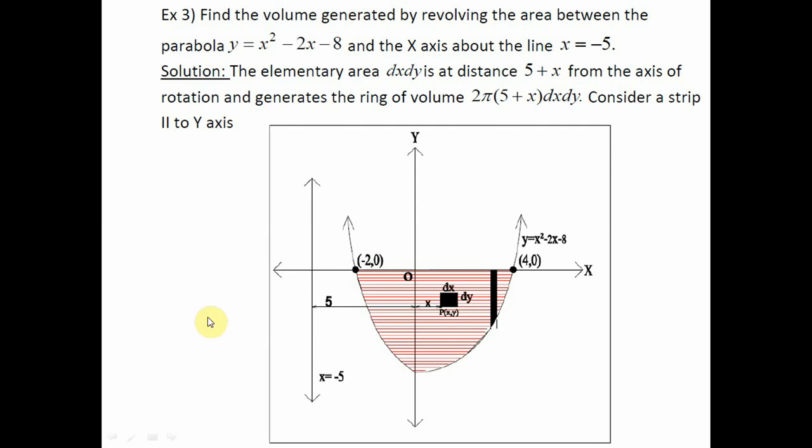To get the limit of the inner integral, consider the equation of the curve at both ends of the strip. The lower end of the strip is on the parabola y is equal to x square minus 2x minus 8, and the upper end of the strip is on the x-axis whose equation is y is equal to 0, and therefore the limits of the inner integral are y is equal to x square minus 2x minus 8 to y is equal to 0.